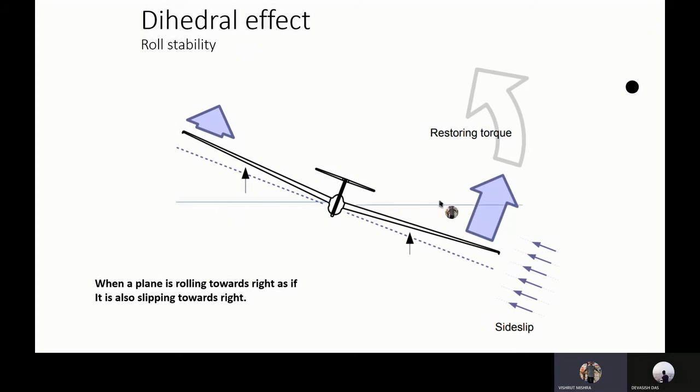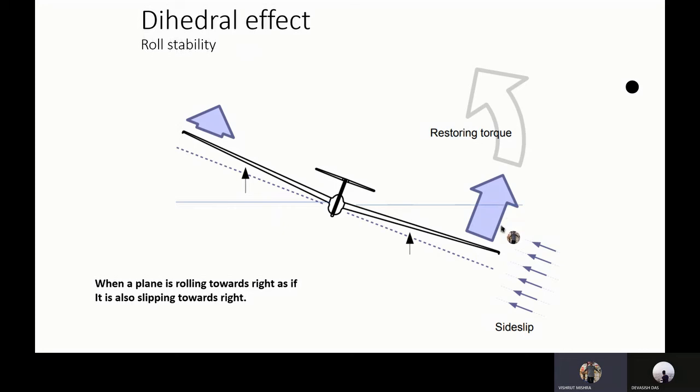You can see here, in case of the right wing, this angle is lesser compared to this one from the horizontal plane. From the horizontal plane, you can see that this angle is greater compared to this one. So what will happen?